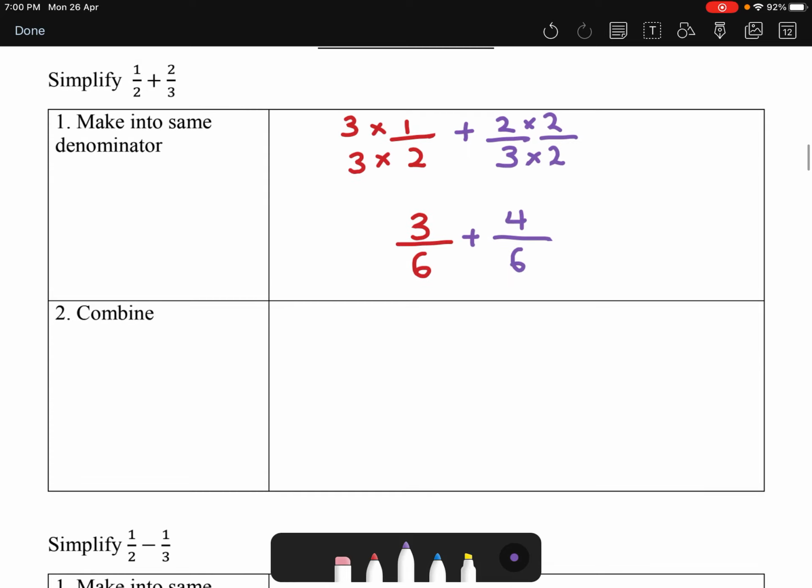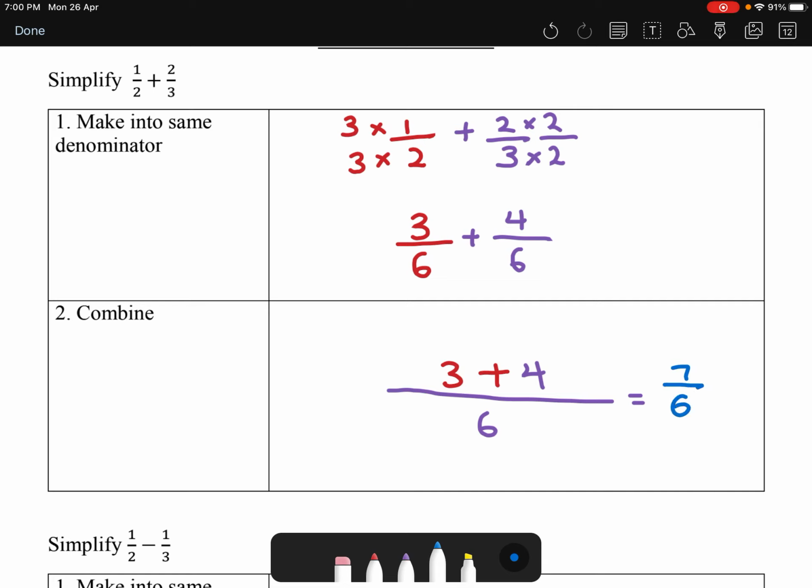Now you notice that my denominator is the same, so I should just add them together. I just write the same denominator of 6, and at the top you put 3 plus 4, which is equal to 7 over 6.